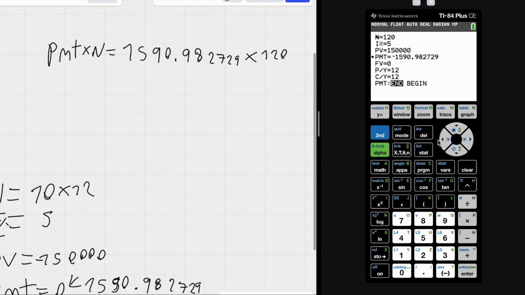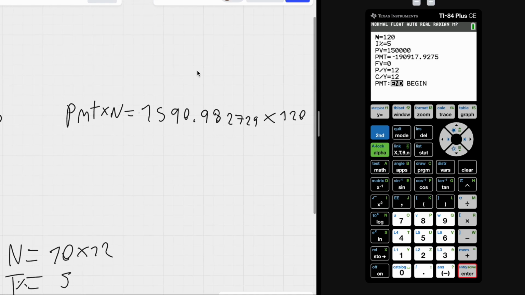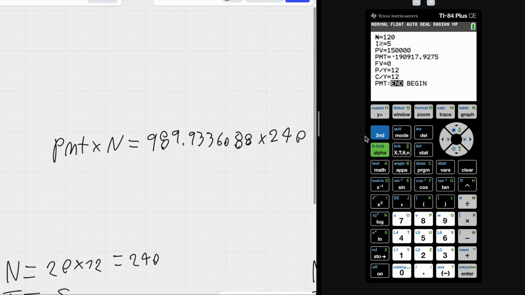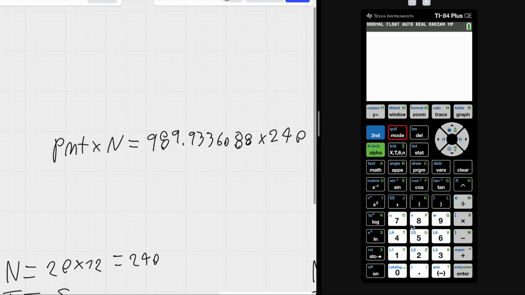So here we can multiply this with payments times 120, which give us this value here, that is 190,917.9275, and the other one we're gonna need to calculate here because I already erased it.